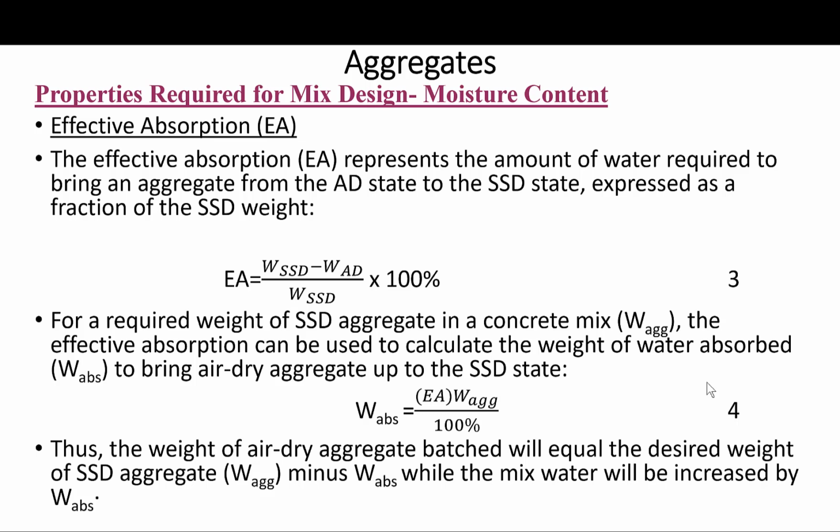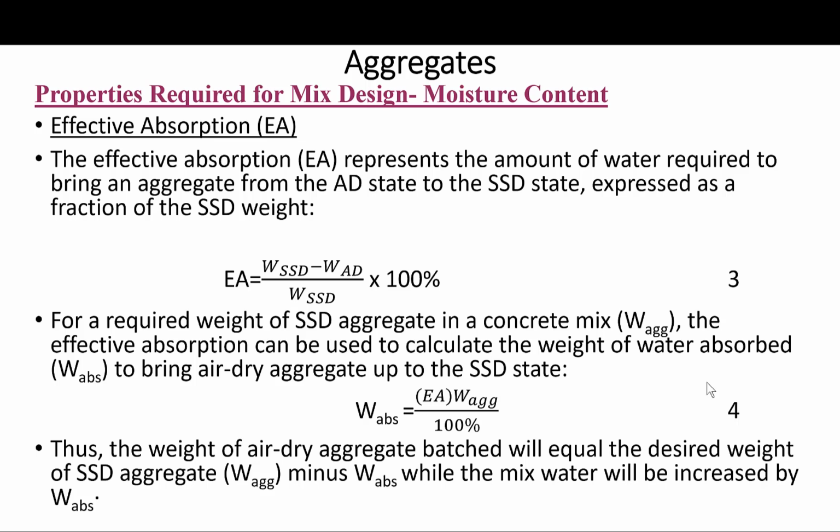So if an aggregate is close to the oven dry condition when batched, it takes the aggregate some time to absorb all of the water necessary to reach the SSD condition. You have to keep that in mind. Think about it. So in such cases, the effective absorption may be taken to indicate the amount of water the aggregate absorbed in 30 minutes, because you cannot go indefinitely.